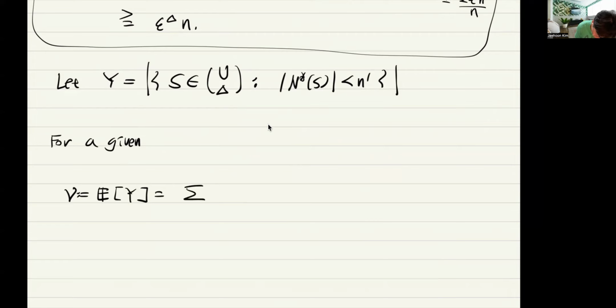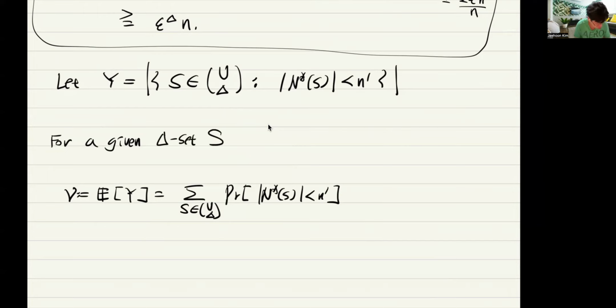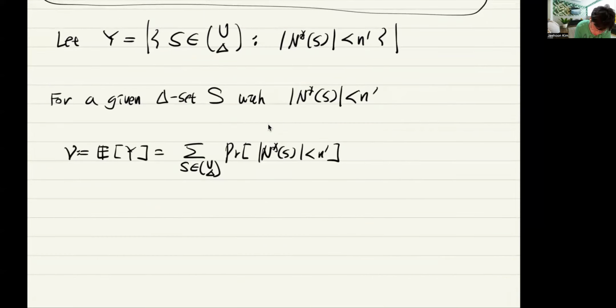For all subsets, you add the probability that this one is counted by U. So for a given set F of size delta, which is bad, its common neighborhood size is smaller than delta prime.